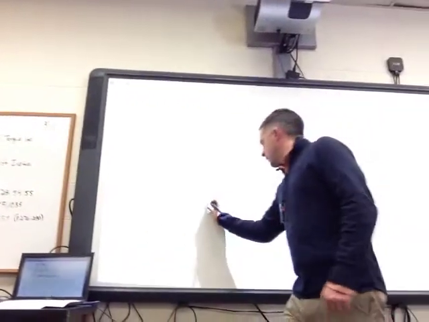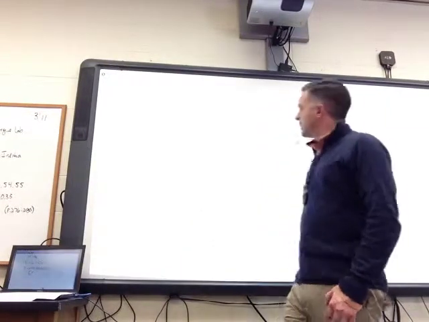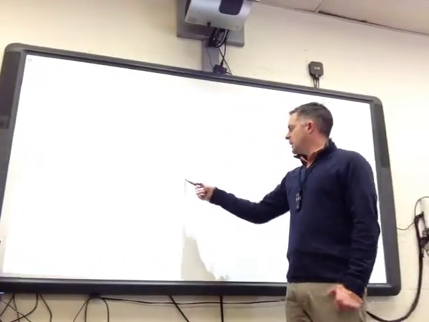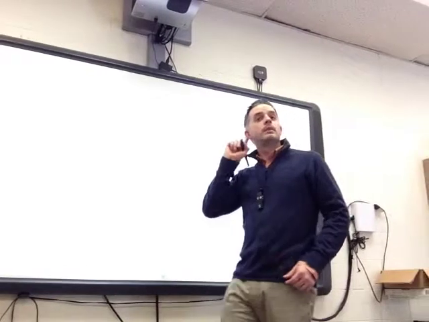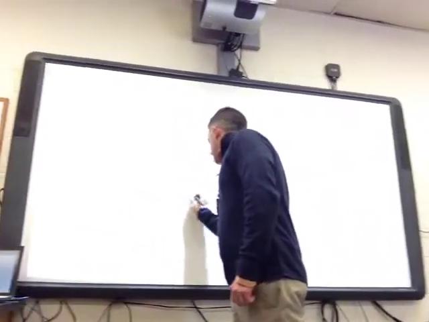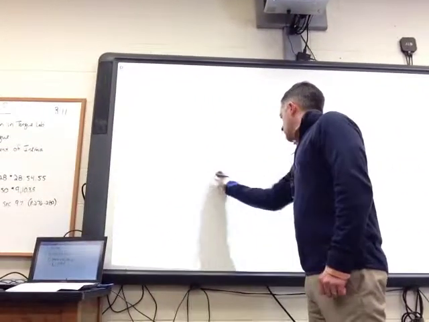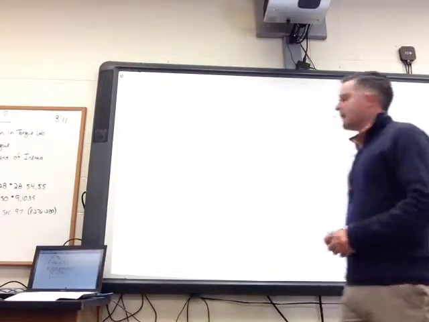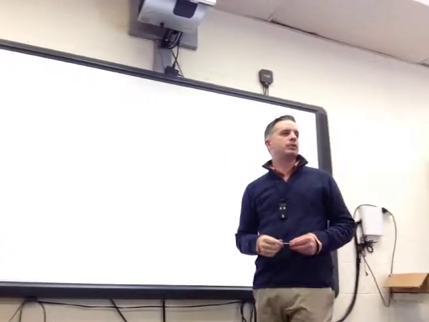What does F1 come out to be? 519. So the first paramedic has to supply 519 newtons of force.